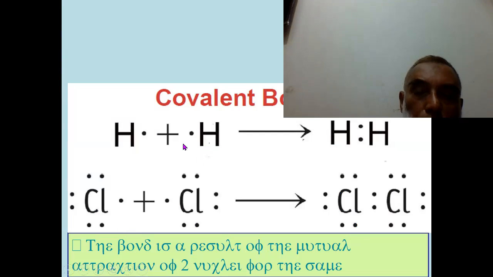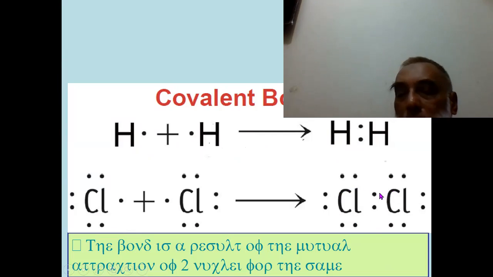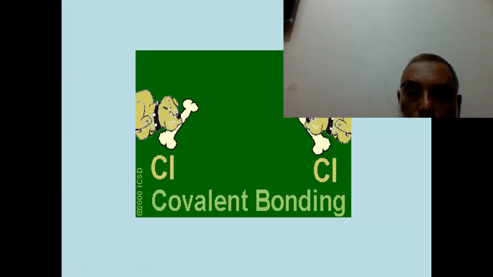When two atoms of similar electronegativity come together with their electrons closer, they share their electrons and become covalently bonded. And here it is a doublet in case of hydrogen, and here it is an octet in case of chlorine. In this way, they are sharing these electrons and getting stability to form the covalent bond.